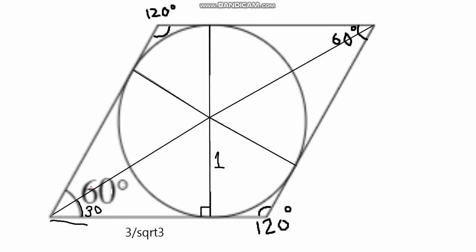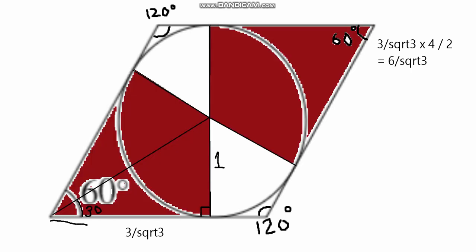So therefore, 1 multiplied by 3 over square root of 3 divided by 2 and then multiplied by 4 will give us the area of all these 4 triangles. Working this out gives us 6 over the square root of 3. So therefore, this area here, which we're going to call area A, is equal to 6 over the square root of 3. Now let's work out area B.